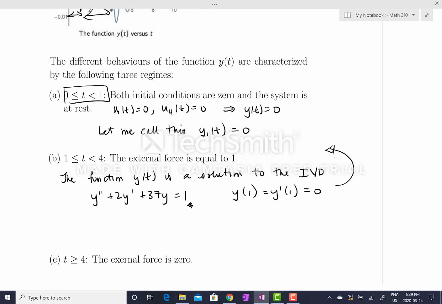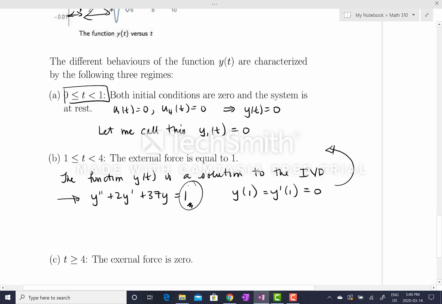We could, in fact, solve this initial value problem, valid for the interval between 1 and 4, using our previous methods. We would solve the homogeneous equation, then use perhaps the method of undetermined coefficients to account for the forcing.